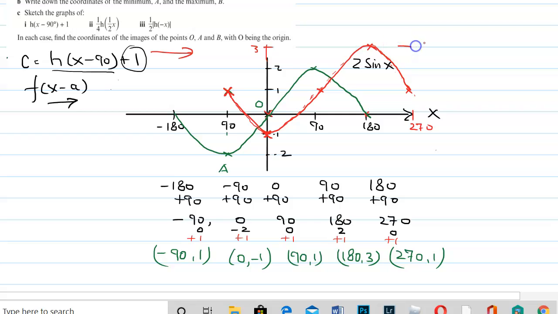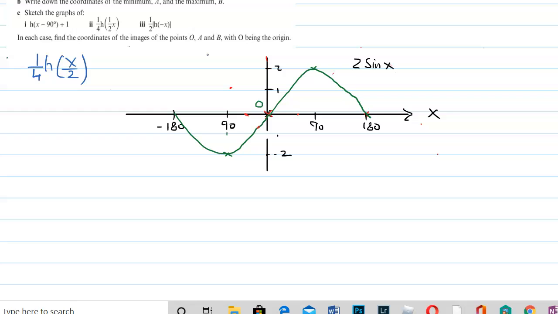Now this is point B, the coordinate is 180 and 3. This is the lowest point, A, its coordinate is 0 and -1.